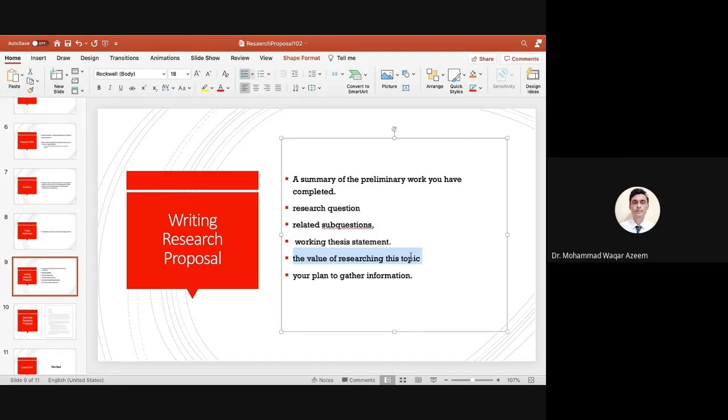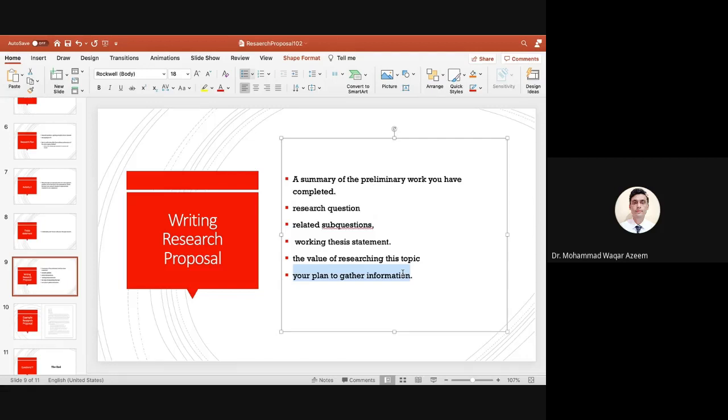We haven't talked about this point previously, so please note that this is something additional in writing the research proposal. That is, why do you want to research this topic? And then finally, what is your plan to gather information to write the paper on this particular topic?